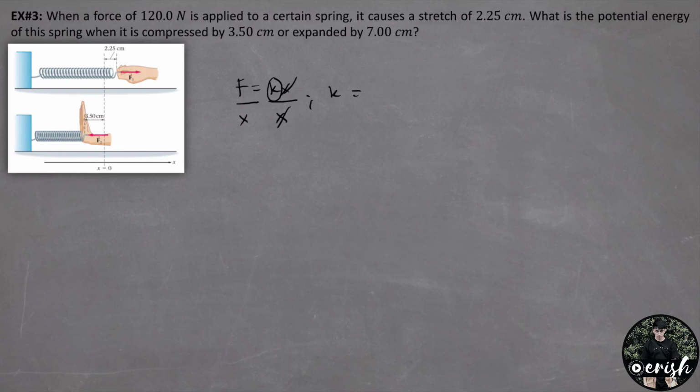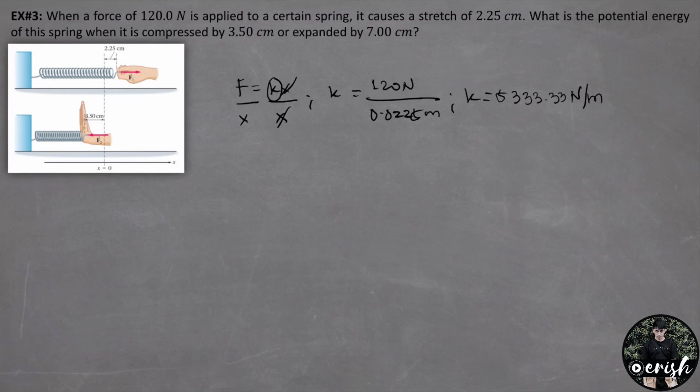K is equal to, ang force natin is 120 Newton over dx na 0.0225 meters. And by calculating, ang k natin is equal to 5,333.33 Newton per meter. Again, kung ano yung k na na-solve natin dito, siya na yung gagamitin natin to solve for the potential energy kapag na-compress yung spring ng 3.5 centimeters and kapag na-stretch ng 7 centimeters.